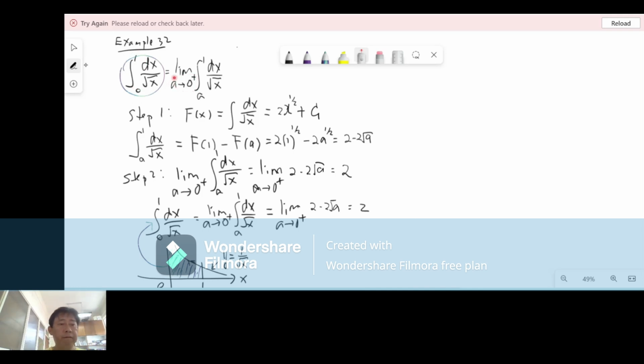The first step of performing this proper integration is to replace the value of x at which the integrand function is not well defined by a value a which is larger than 0 but not 0. We then perform the proper integration in terms of a as shown here. Then in the second step, we take the result of this proper integration in terms of a and let a go to 0 from the right. The result of the limit turns out to be 2. And that is the area under the curve of the function 1 over square root of x bounded between 0 and 1.